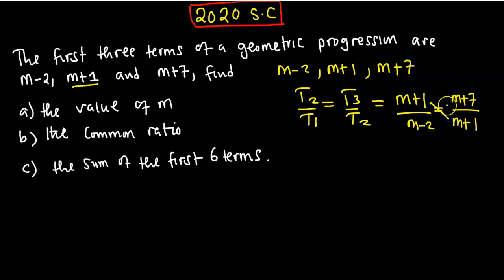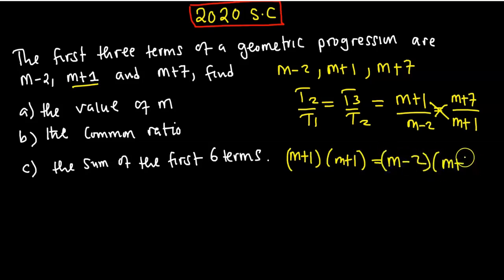Now we cross multiply: m plus 1 multiplied by m plus 1 equals m minus 2 multiplied by m plus 7.